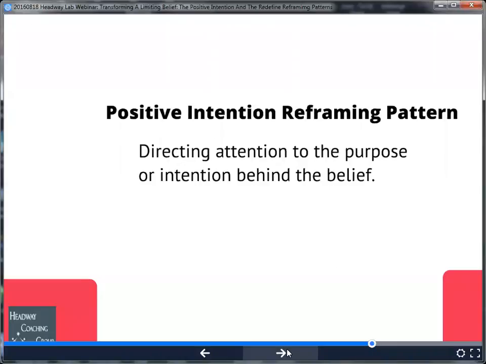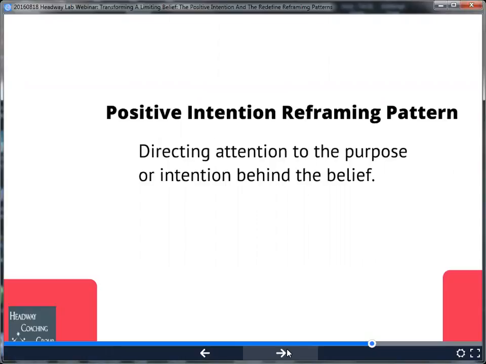It's almost like an outdated thing. But in the beginning, when we formed it, it always served some particular purpose. And that purpose was positive. Otherwise, why would you repeat it if it was not serving some positive benefit?